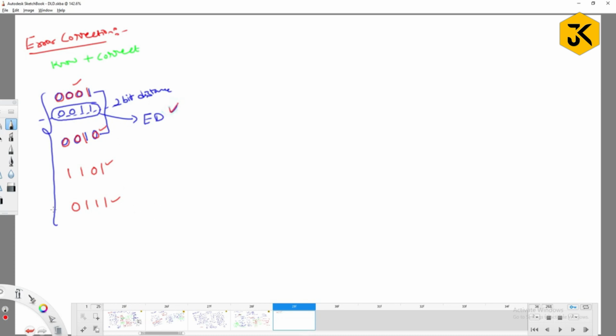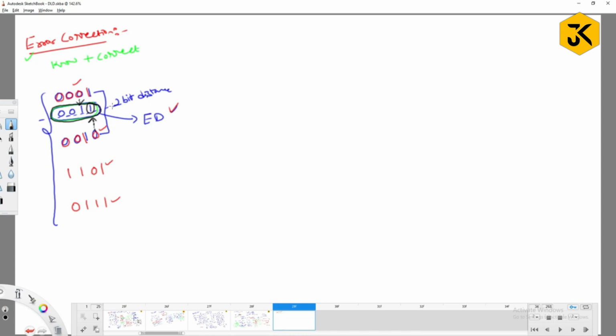But if you are saying that there is an error detected, my question here is error correction. You have to know where the error is, right? You cannot exactly define where the error is. With this data you can say that there is an error, but you cannot say where the correction needs to be done to make it valid data. Whether I need to modify this bit to 0, this bit to 0, or this bit to 0, that is your question.